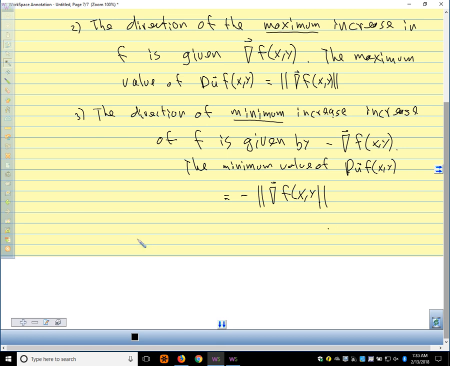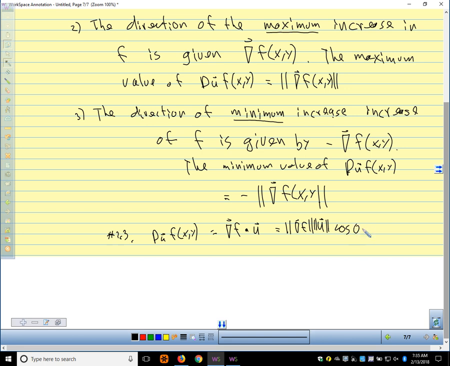All right, 2 and 3 are easy to see. The directional derivative of f of x, y in the direction of u is del f dot u. And we know that that equals the magnitude of del f times the magnitude of u times the cosine of the angle between them.